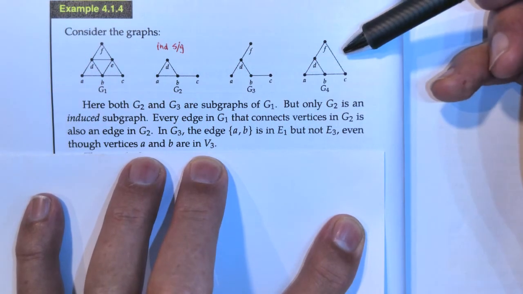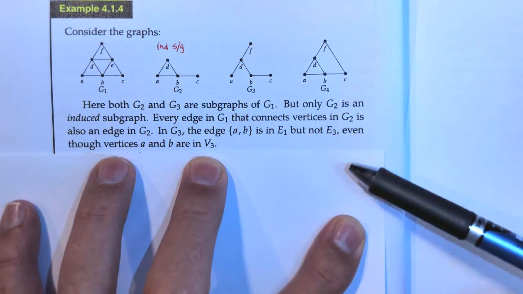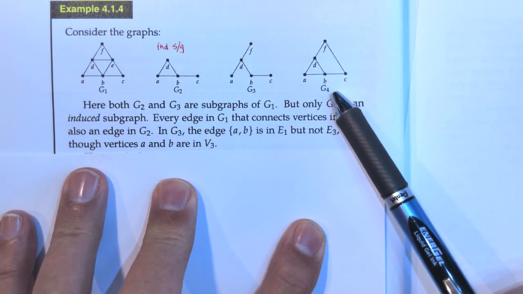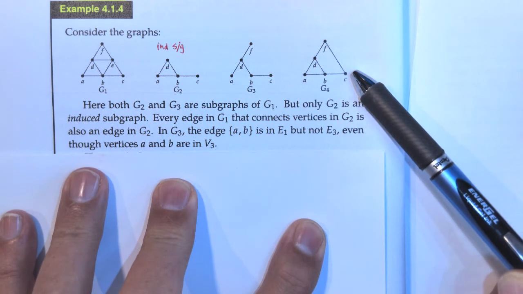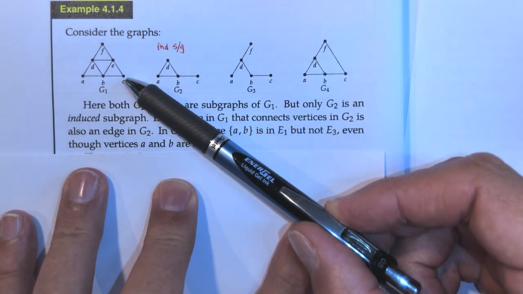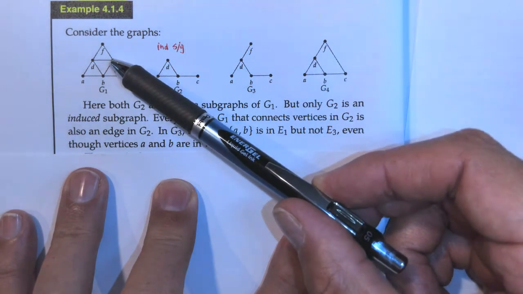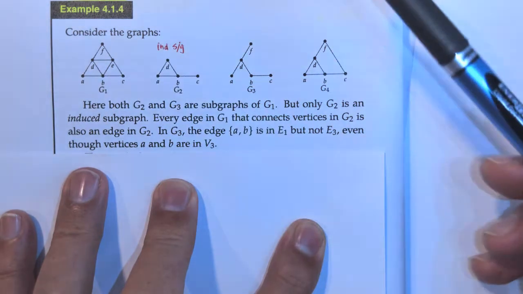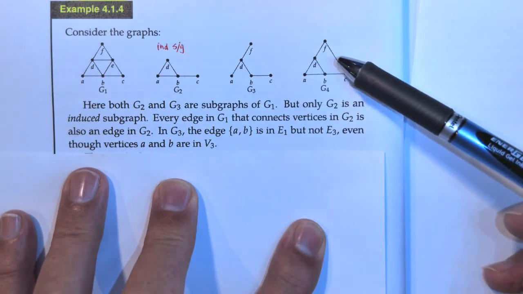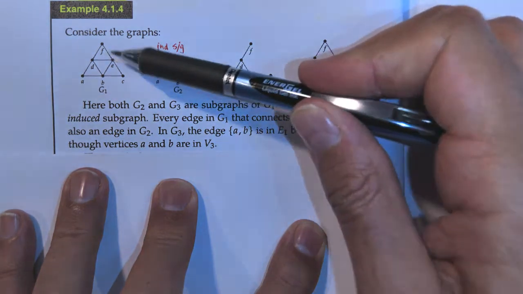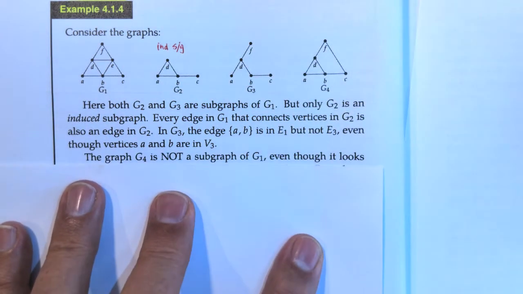Now, what's different about 4? Now let's have a look. If we compare 1 and 4, the edge FC is not an edge in the initial graph. Why not? Well, there was edge FE and EC, but there was no edge FC. So the vertex E was removed. So let's see what that means.